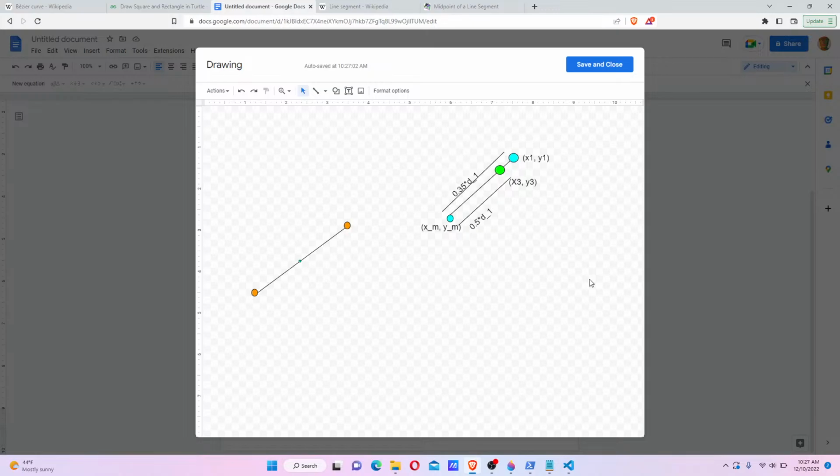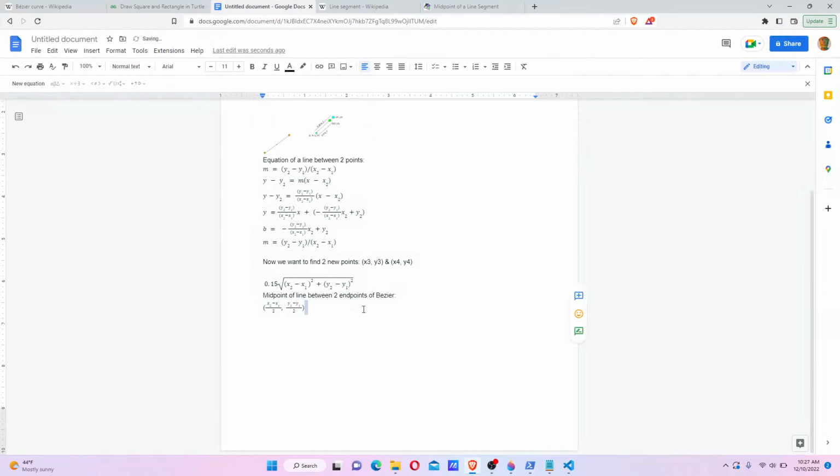Here, you multiply by 0.35. Or 0.7 I would want to multiply by. So I believe, so that's the midpoint. And we could say that that is x sub m for the midpoint, y sub m for the midpoint.